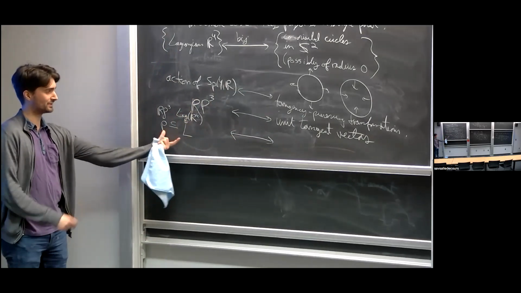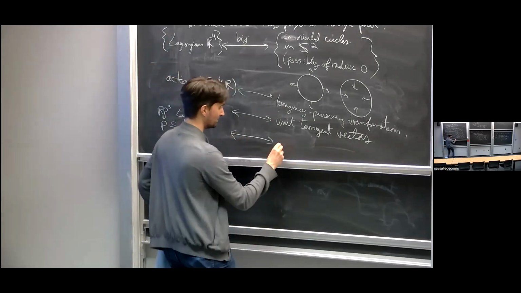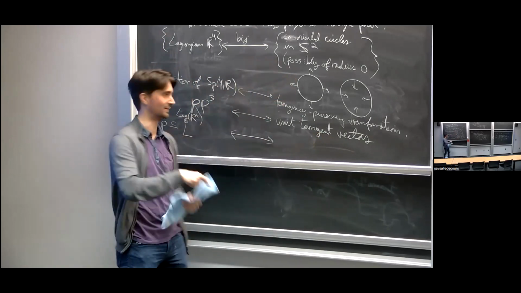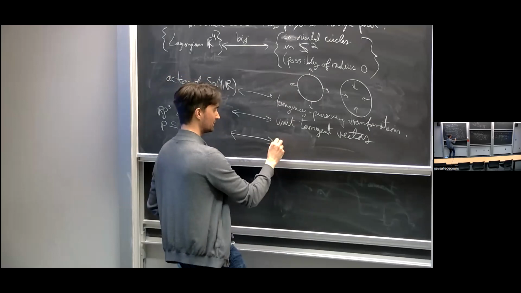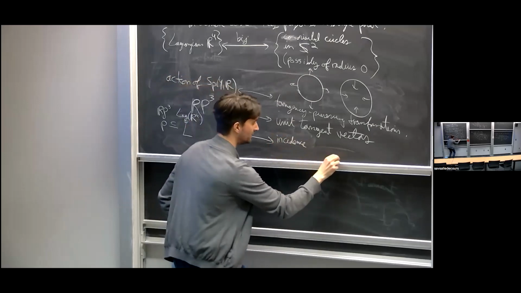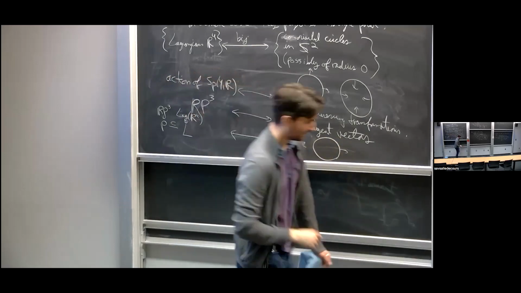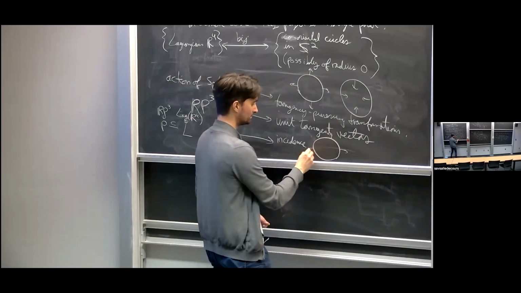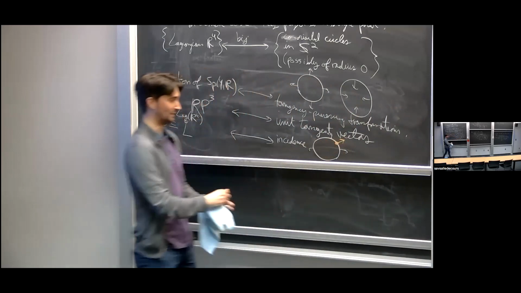When you have this relation, it means that the unit tangent vector is normal to the circle, right? They're incident in the sense of Lie circle geometry. So incidence here means you have a circle with an orientation and the unit tangent vector is part of that circle, right?